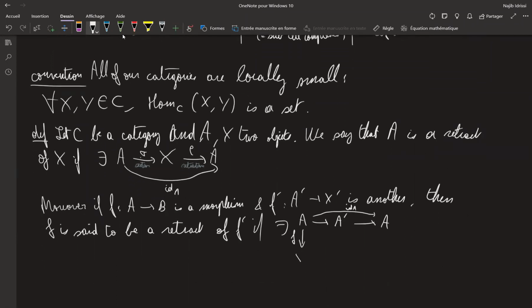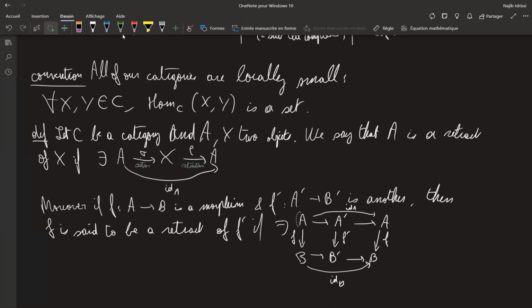Here you have B. And I should have called this B prime to be consistent. B is a retract of B prime. Here you have f, here you have f prime, and this whole thing commutes. Right?